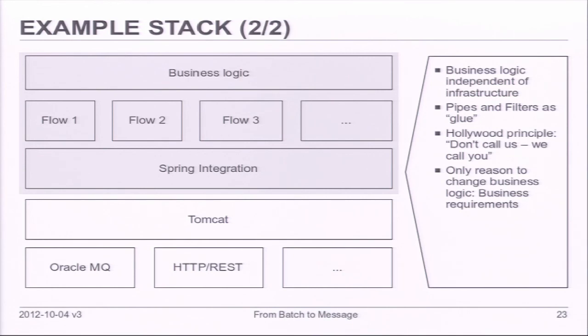Originally, they were derived from batch jobs. Where in former times you had one big batch job, now you have one flow that is split up into different steps that are loosely coupled and then interconnected.